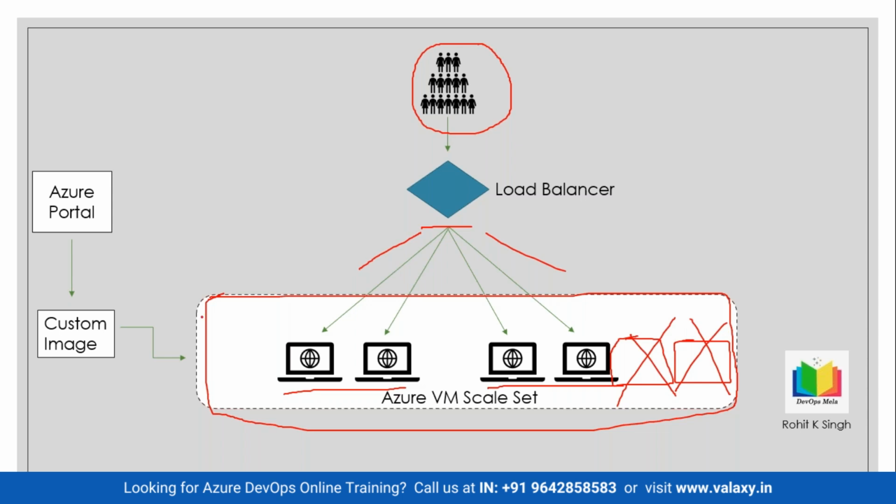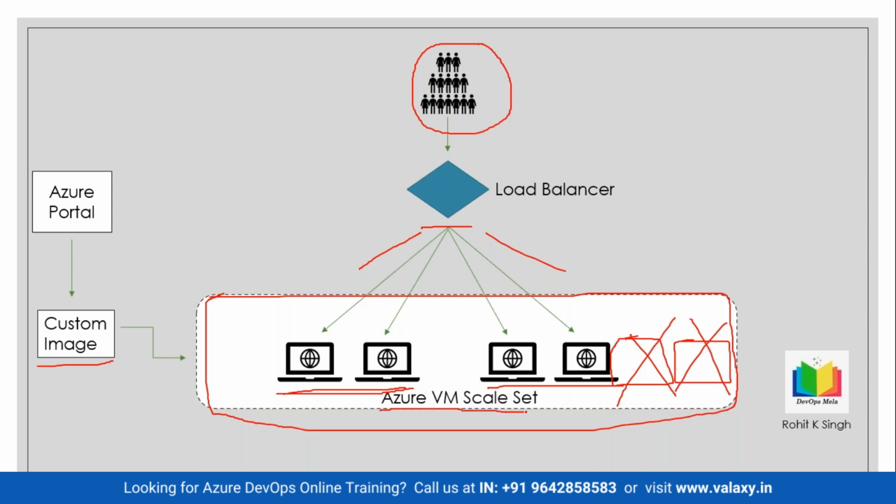Now we'll be creating this virtual machine scale set using the portal. What image will we be using? We'll be using the custom image which we just created. Using this custom image, I'll be creating my virtual machine scale set.